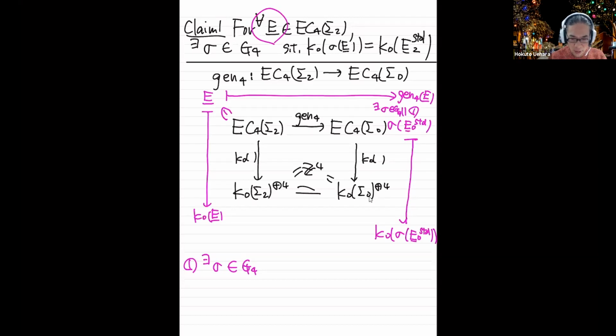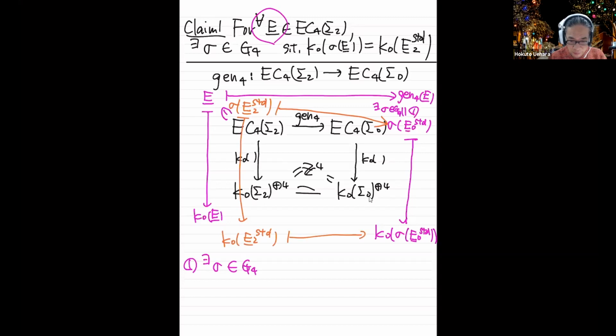On the other hand, we have a standard exceptional collection on sigma 2 here, and sigma. But deformation is compatible with the mutation action, so this is sent to this. And this goes to this. And this goes to this.